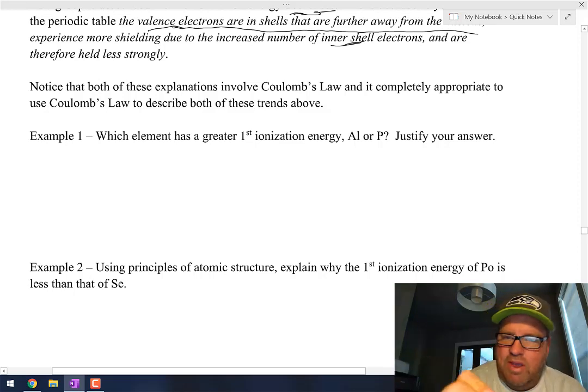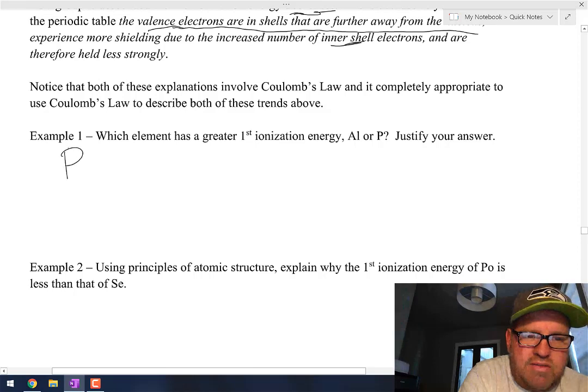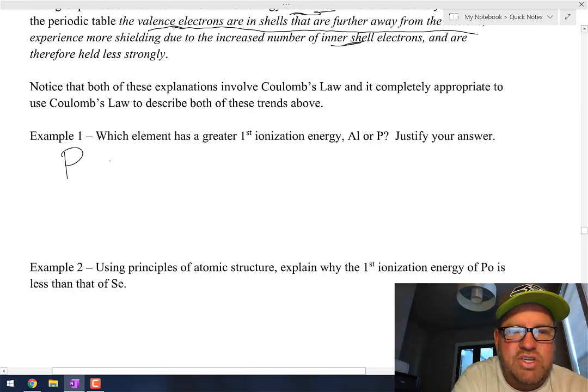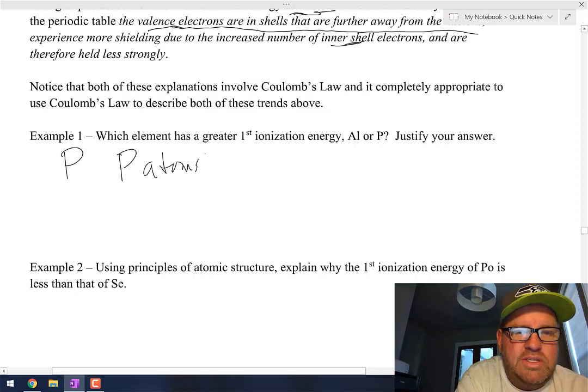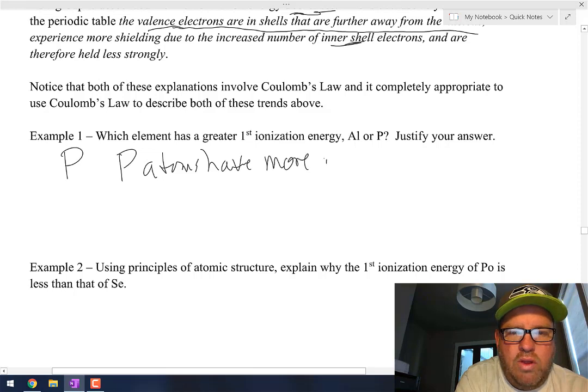They're in the same period, so I would say that phosphorus has the greater first ionization energy because phosphorus atoms have more protons.